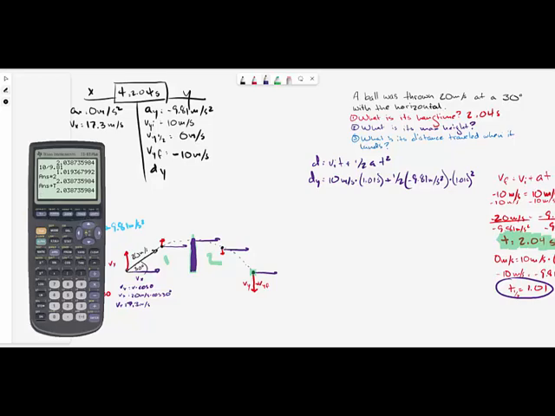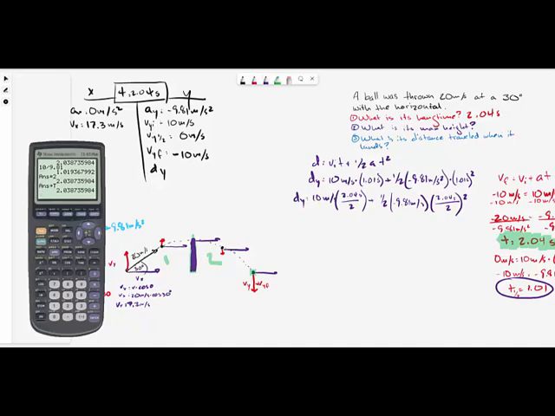You could have written it also this way. dy is equal to 10 meters per second times the total time, 2.04 seconds, divided by 2, because it's the halfway time, plus 1/2 negative 9.81 meters per second squared. And again, we're going to use the halfway time, so we can take the total time, 2.04 seconds, and divide it by 2 for the halfway time squared. Either of these work.